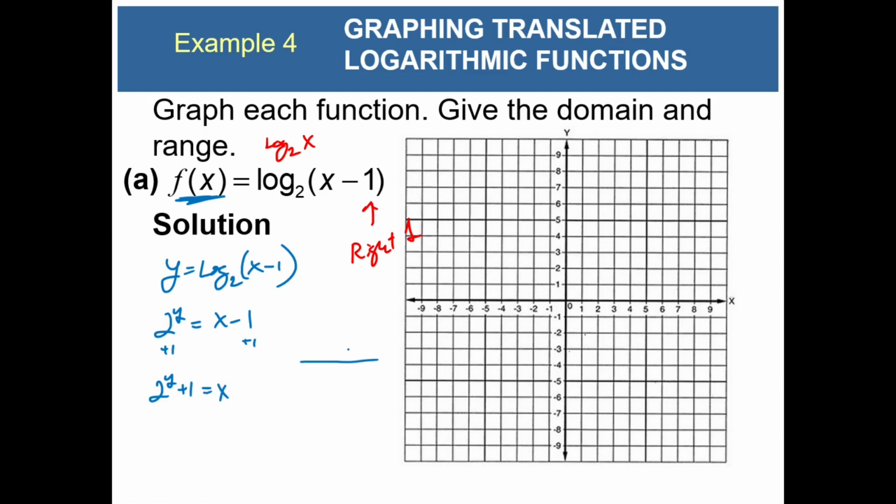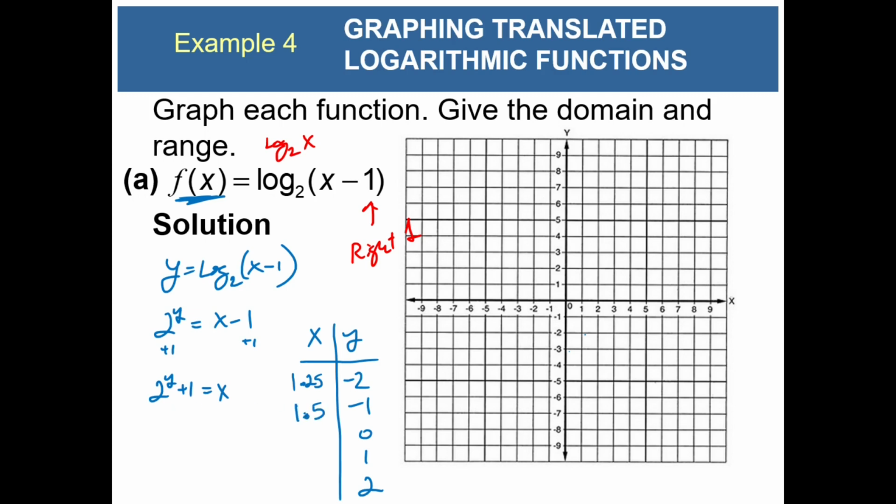Let's make a table and we'll plug in some values. Let's pick -2, -1, 0, 1, 2 for the y values, and then we'll see what we get for x. 2 raised to the -2 is going to be 1/4 plus 1, and we'll say that's 1.25. 2 to the -1 plus 1 is going to be 1.5.